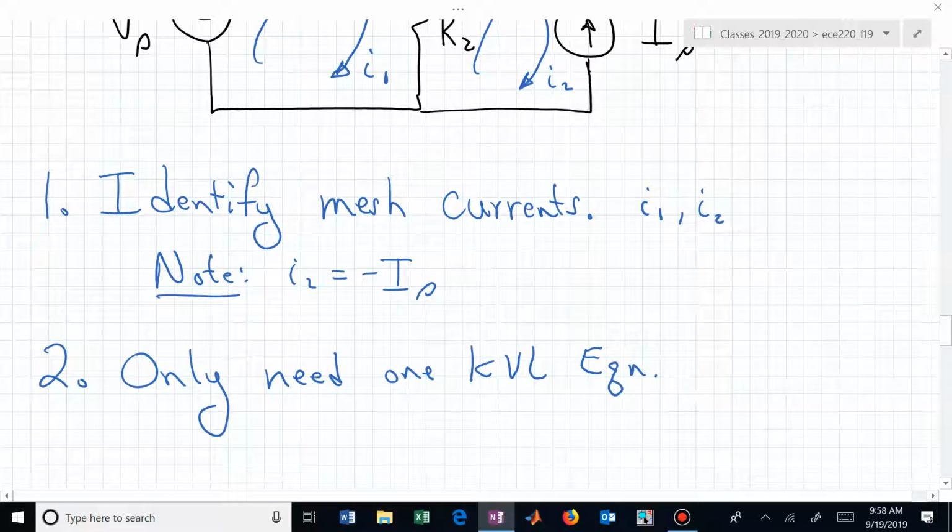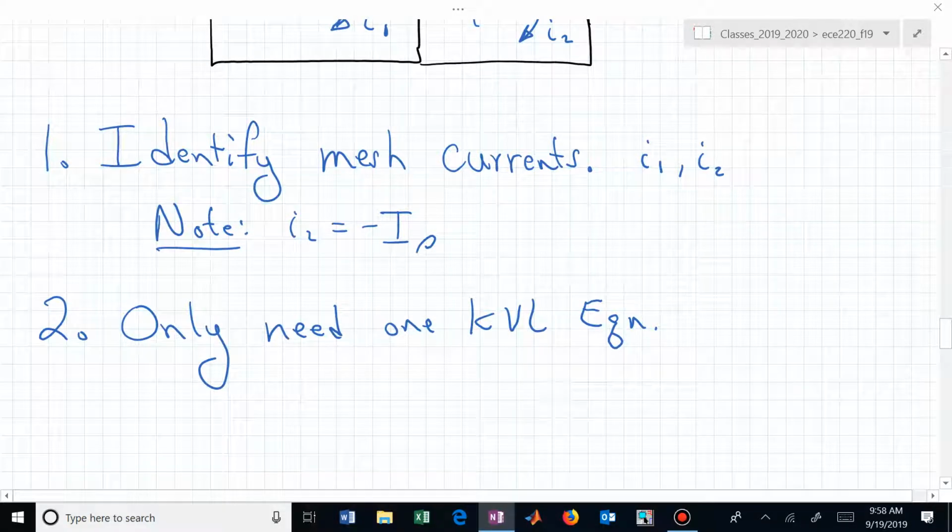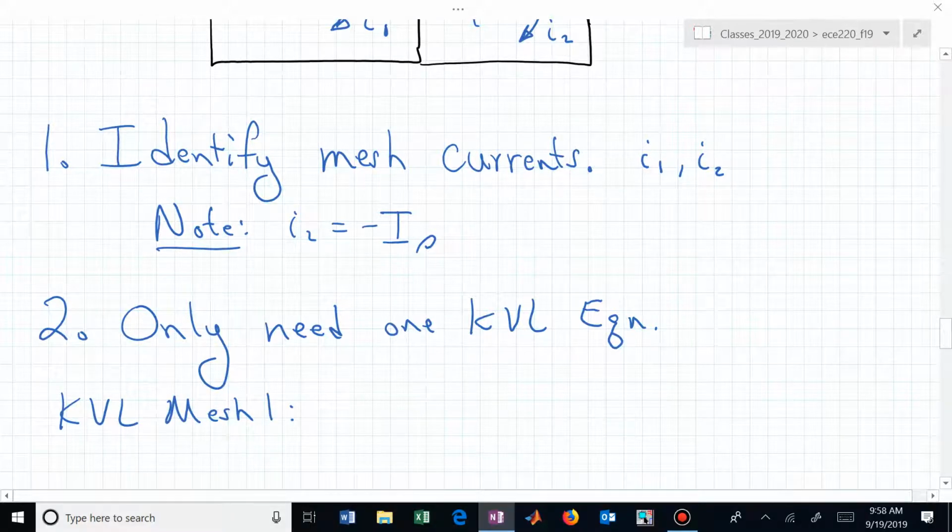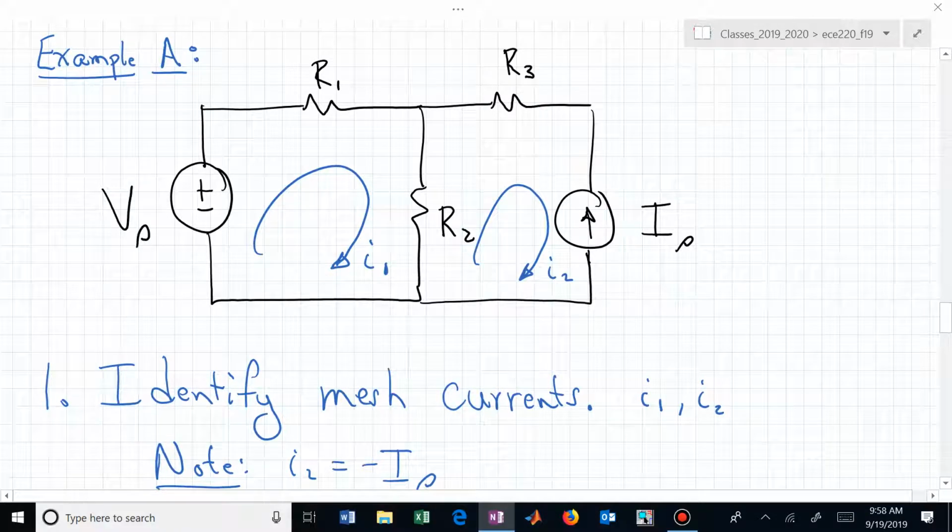That's the KVL for mesh 1, which is minus V sub S plus R1 times I1, that's the only current flowing through R1, plus R sub 2 times, and we can write this initially in terms of our mesh currents.